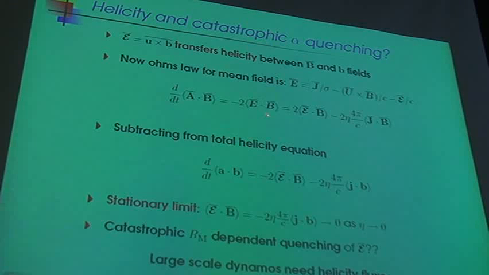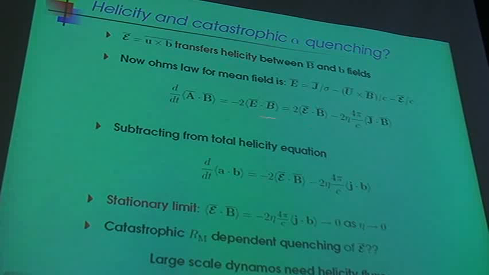So this term only led to a dissipation term when you looked at the total helicity evolution, because, as I emphasized, you have a u cross b here and you have a b here, and when you take a dot product, that will vanish. Now there is an extra term because there is this curly E, the turbulent electromotive force, whose dot product with B bar will not vanish.